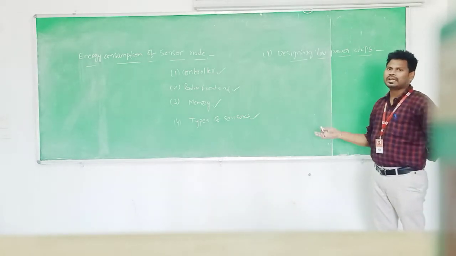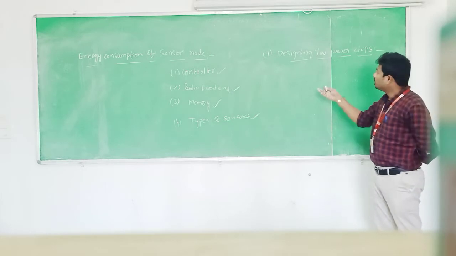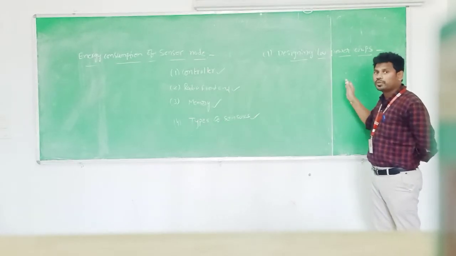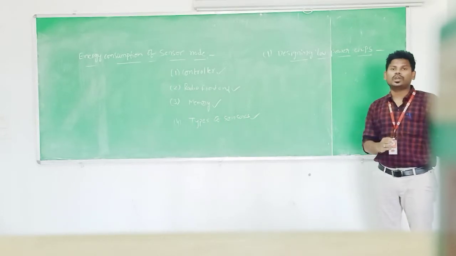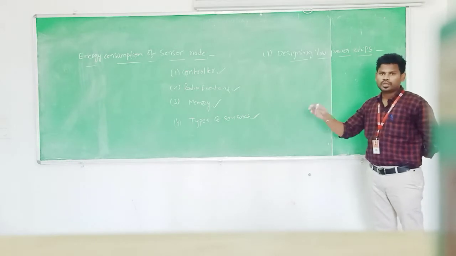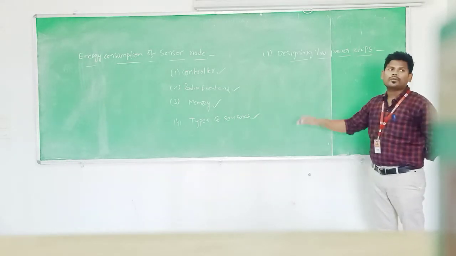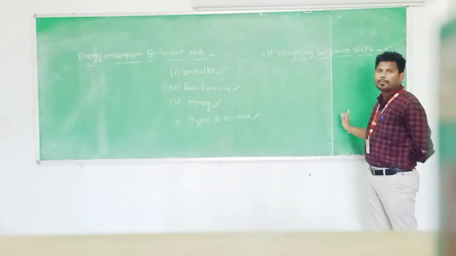Suppose while designing any chip, if you design a low power consumption chip already, then if you use that chip while designing the wireless sensor network, you get low power consumption. That is one method to reduce the power consumption.